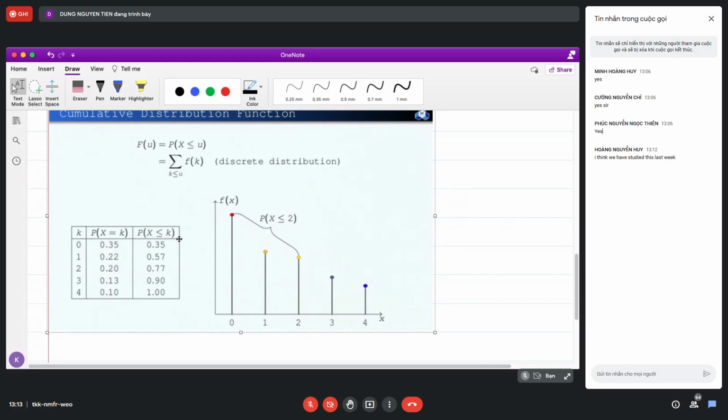So I would say that this is f of 2, and this is going to be f of k, where k equals 0, 1, 2, 3. Do you understand? Is that okay?